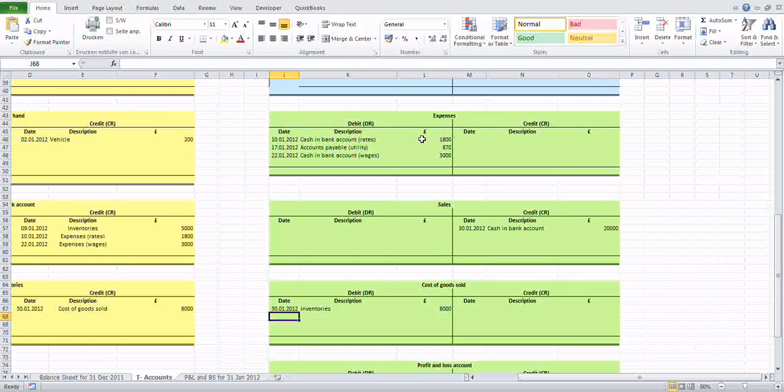Larger means the larger total of the values. In this case, we have no transactions here affecting the credit side of an expense account. We do have a few on the debit side, so that's actually quite straightforward.